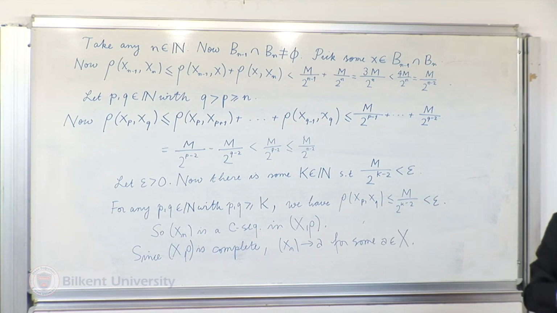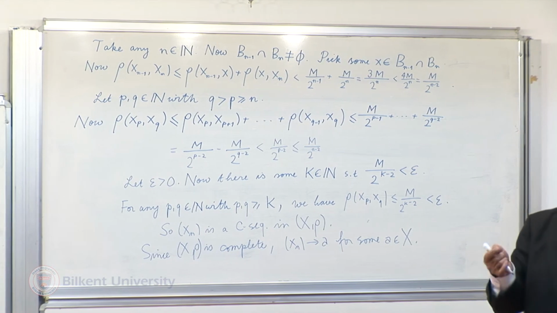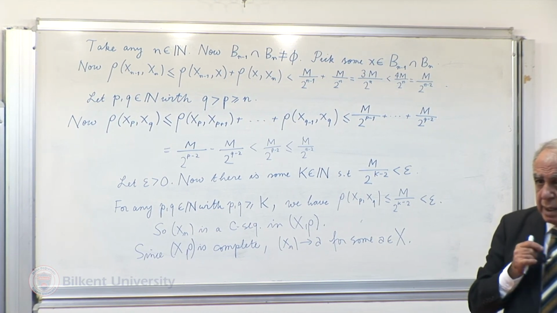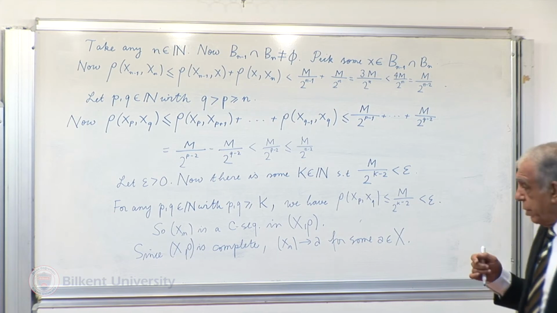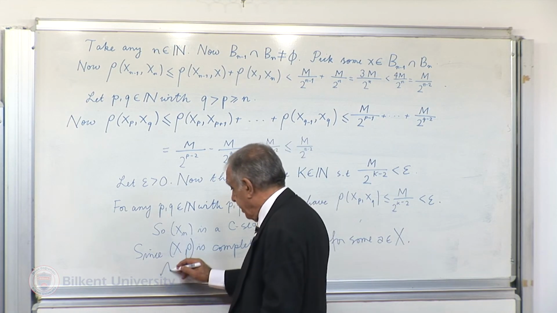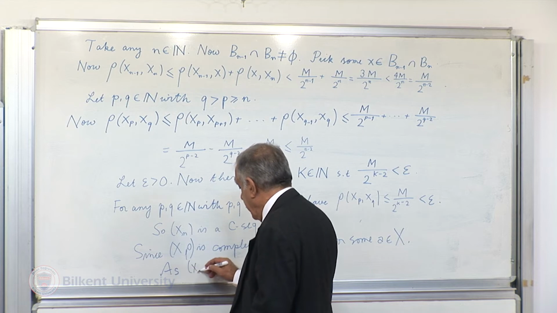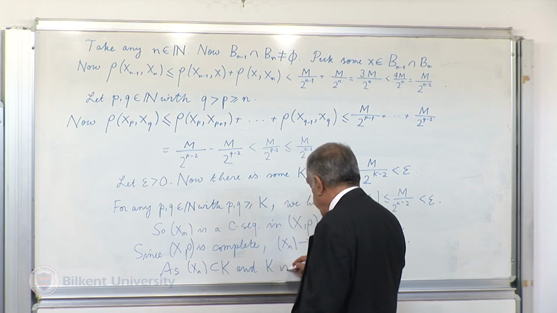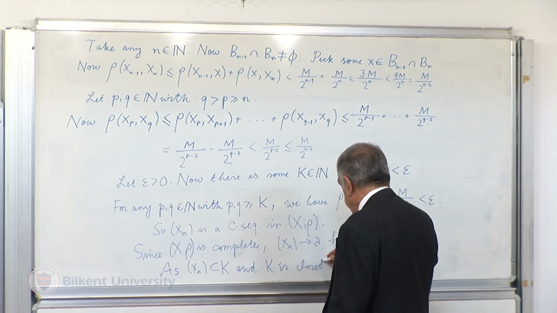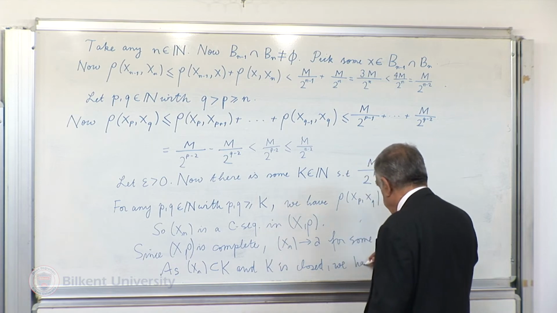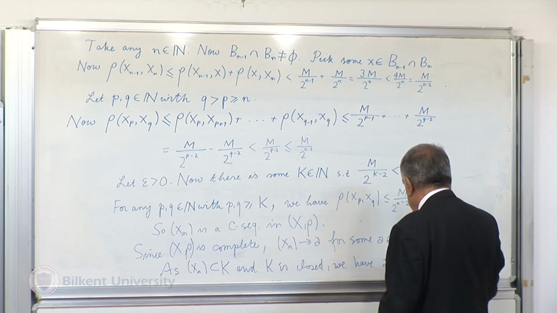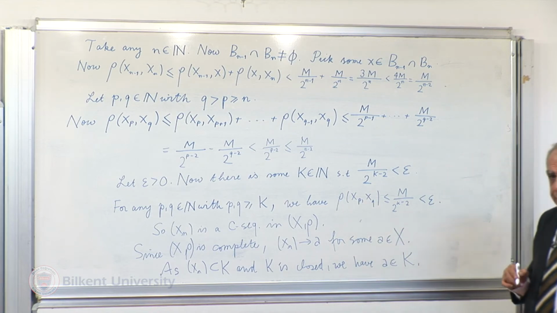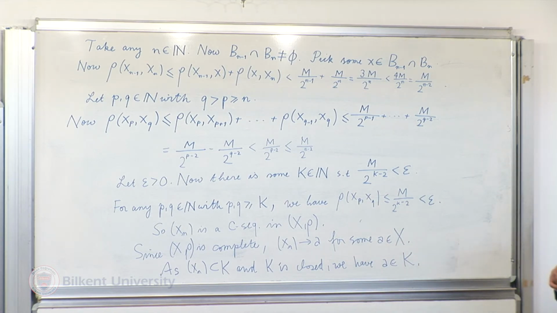But what else do we know about xn? It's a sequence in K, and K is closed, so A belongs to K. As xn is a sequence in K, and K is closed, we have A is in K. Now, that takes us to the next item on our agenda.